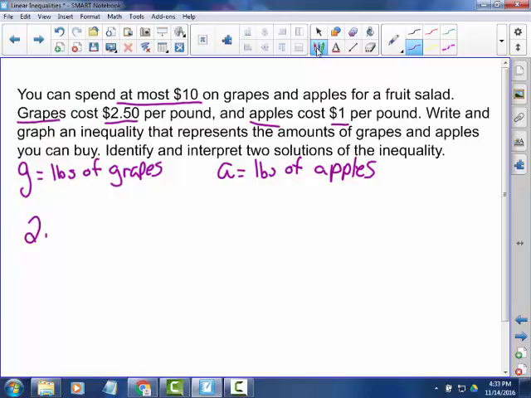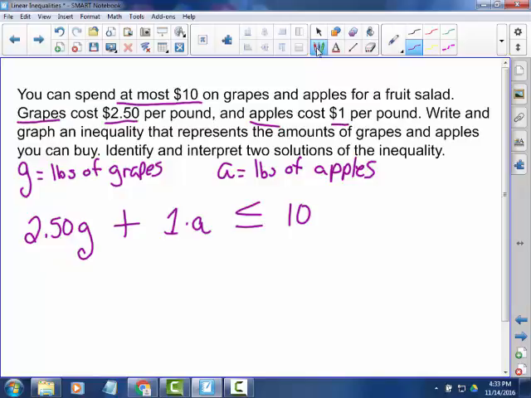So that'd be 2.50 times however many pounds of grapes I have. And then my apples will be $1 times the number of pounds of apples I have. Okay, and then if I add those two together, they can be at most 10. So again, at most means I cannot spend more than 10, so I'd use less than or equal to. Okay, so there's my inequality, and now they want me to graph that inequality.